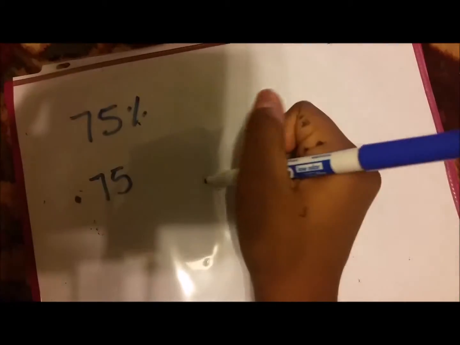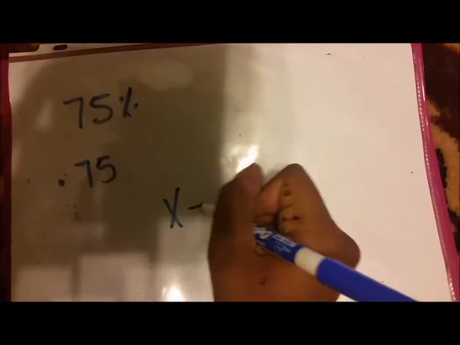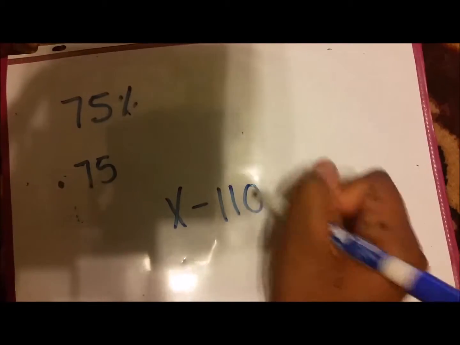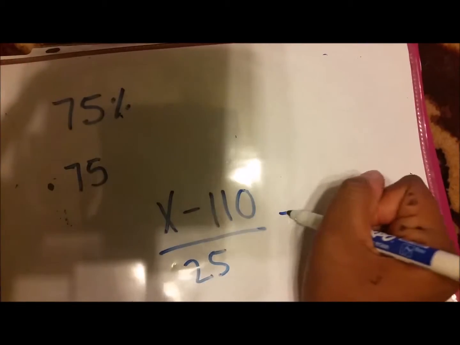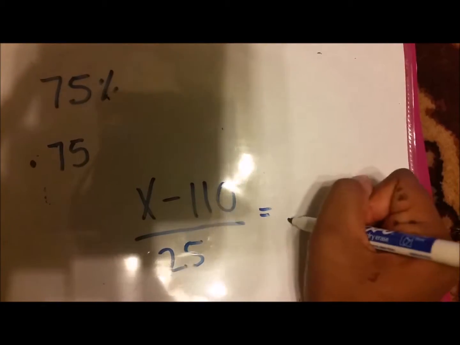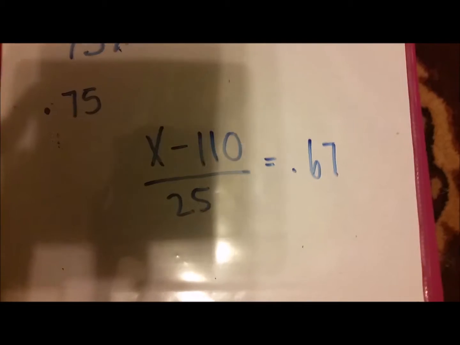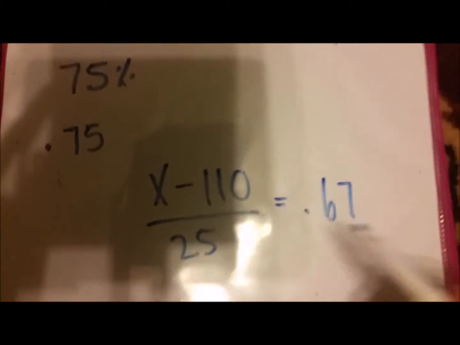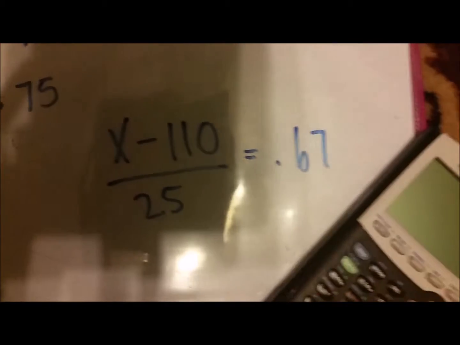0.67. So if we come over here, we're going to set up our equation. And since we don't know x, x is just going to stay like that, minus our mean of 110 over 25. And that will equal the z-score we just found, which is 0.67. Now in order to do this, I guess we're kind of going back to algebra. So what you do is 0.67 times 25.